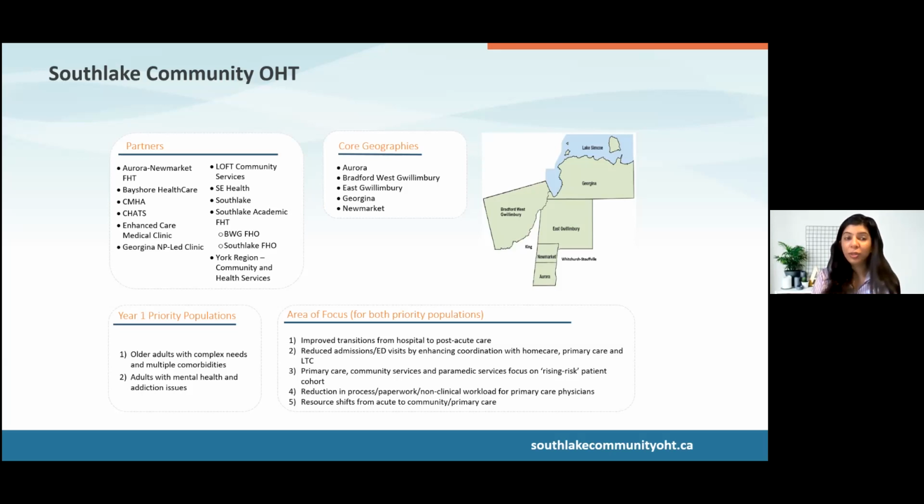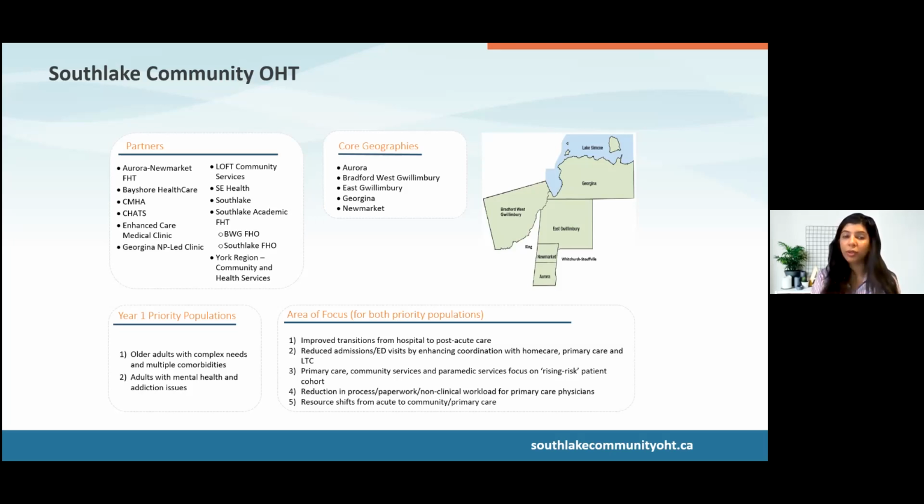I think similar to many of you, our OHT selected two priority populations of older adults with complex needs and multiple comorbidities, and adults with mental health and addiction issues. And for these population groups, we really wanted to focus on 5 areas. The first was improving transitions from hospital to post-acute care.